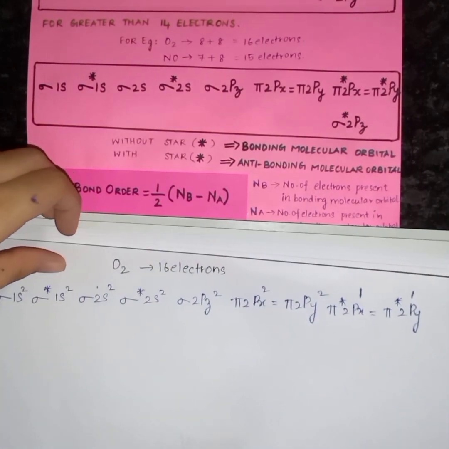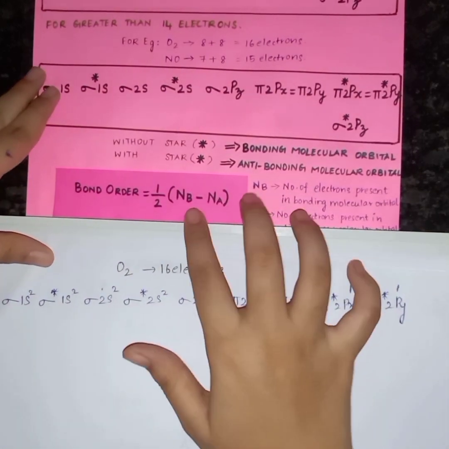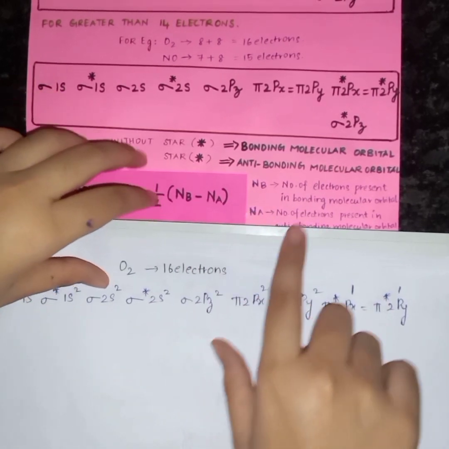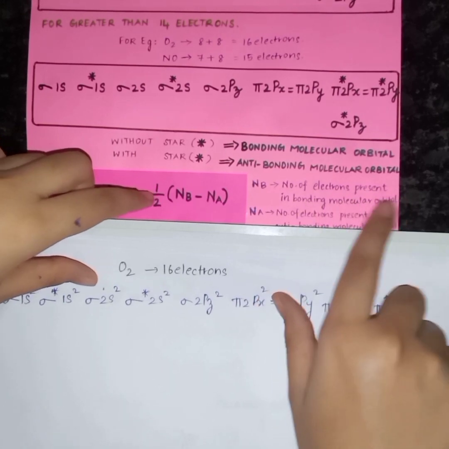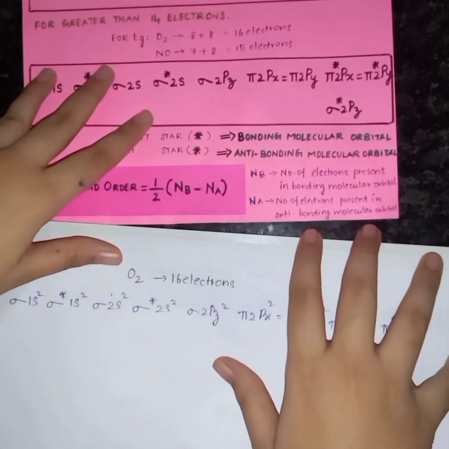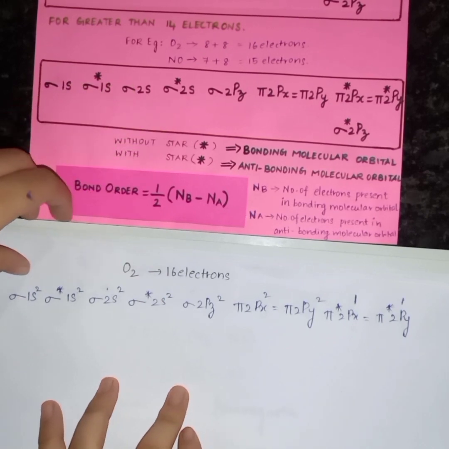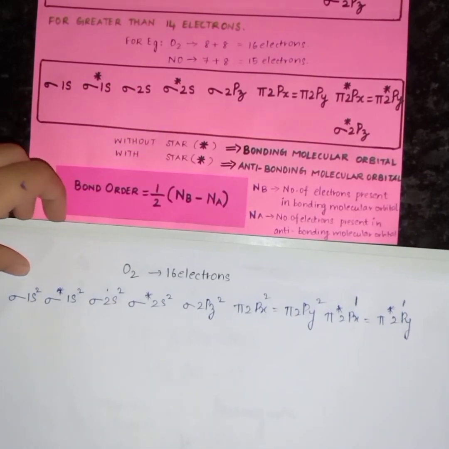Now we have to apply the formula bond order is equal to half into Nb minus Na. What is Nb? Number of electrons present in the bonding molecular orbital, and Na is the number of electrons present in the anti-bonding molecular orbital. What are the bonding molecular orbitals? The orbitals which are not having the star are the bonding molecular orbitals.